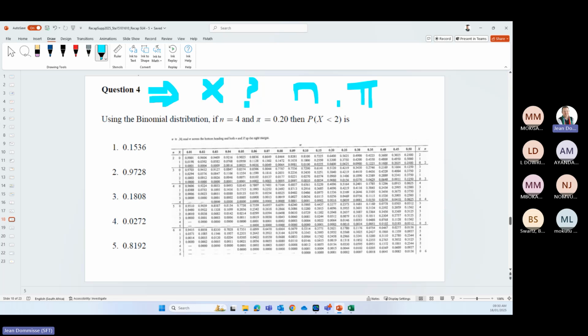So binomial, they tell us n is 4. So let's look, there's n equals 4. They tell us that your pi is 0.2.